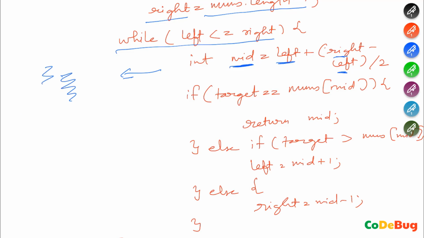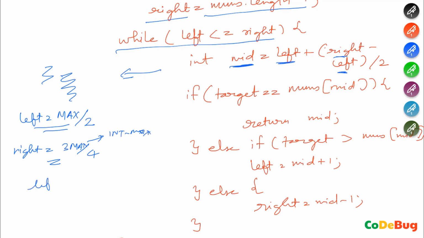So for example, let's say left is equal to max by 2, and right is 3 max by 4, where max is the integer max.